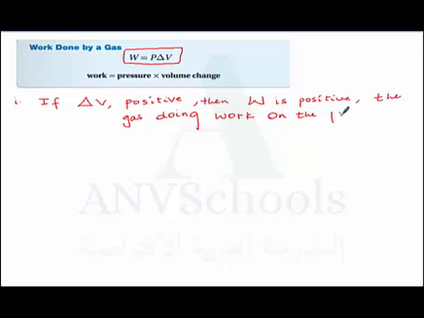This is the first case. This is a case where we have a positive work done. So we get a positive work done if the volume is increasing or if the gas is expanding.